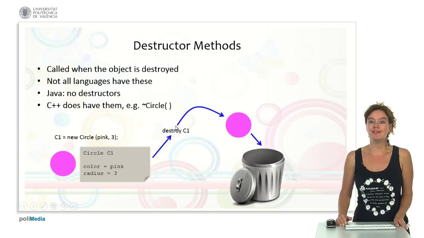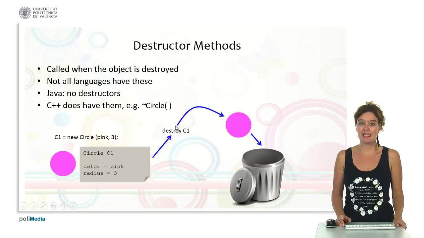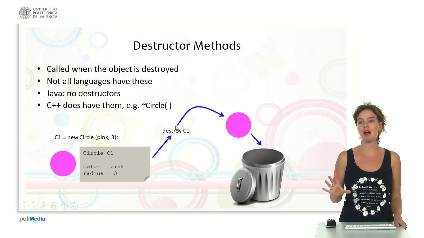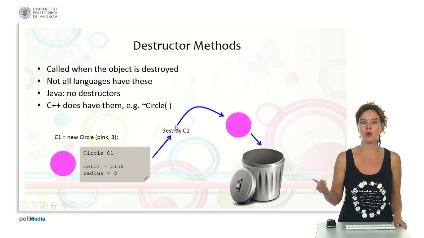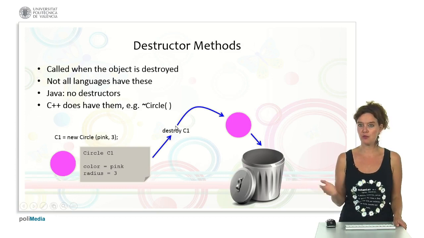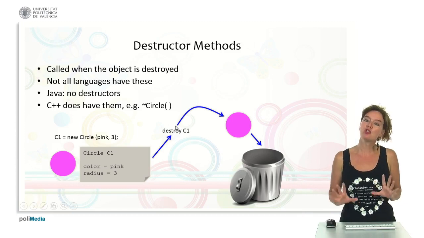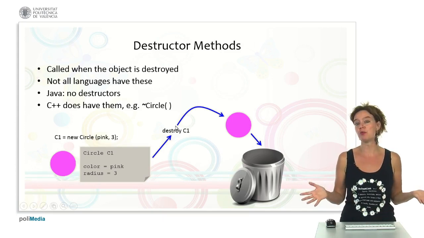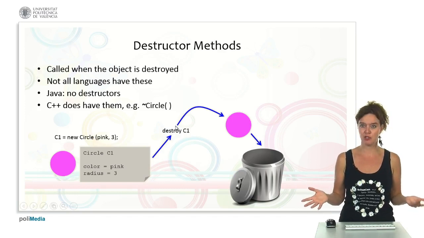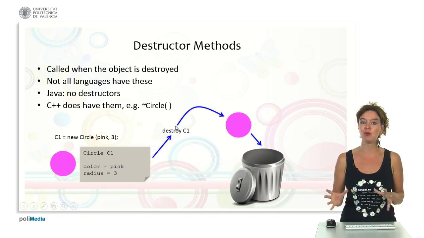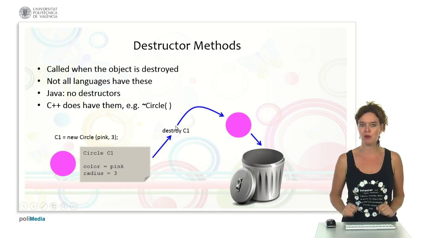Then we also have destructor methods, and as the name already implies, these are methods you use to destroy an object. You just throw it in a bin because, for example, you don't need it anymore. Not all object-oriented programming languages have methods for that. For example, the language Java doesn't have destructor methods because it takes care of all this garbage collection for you automatically.